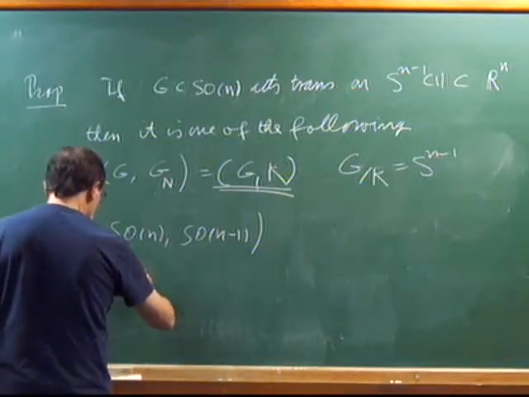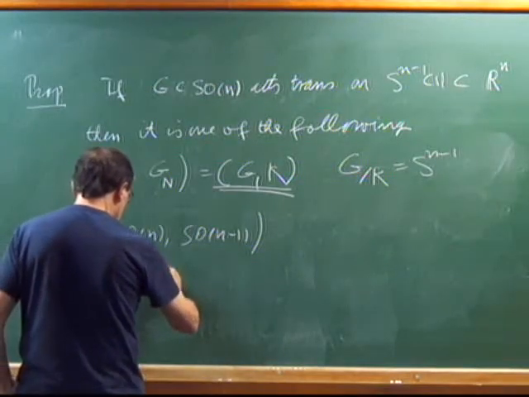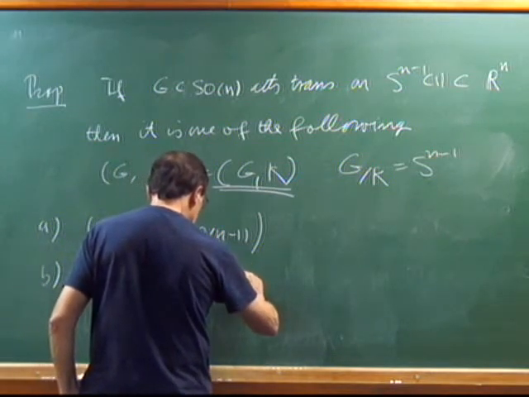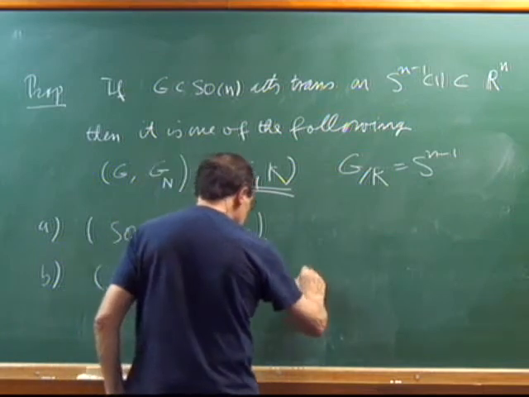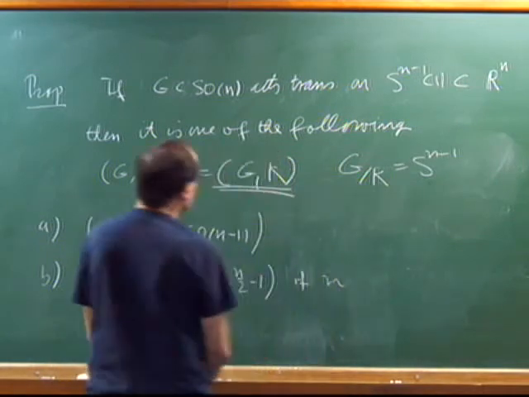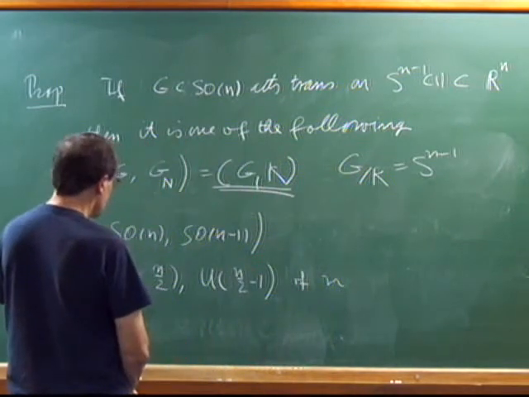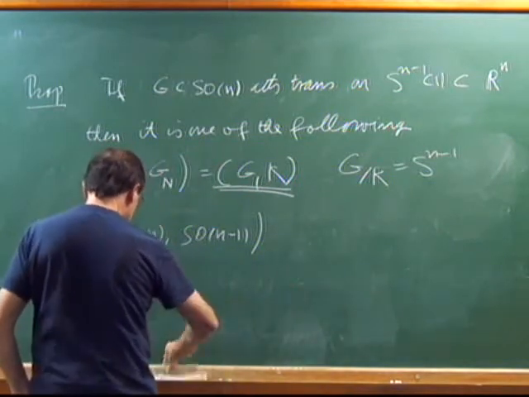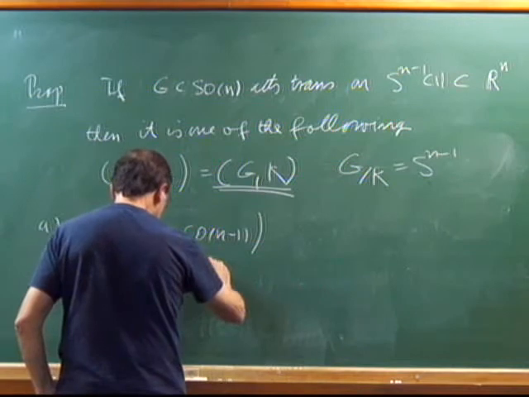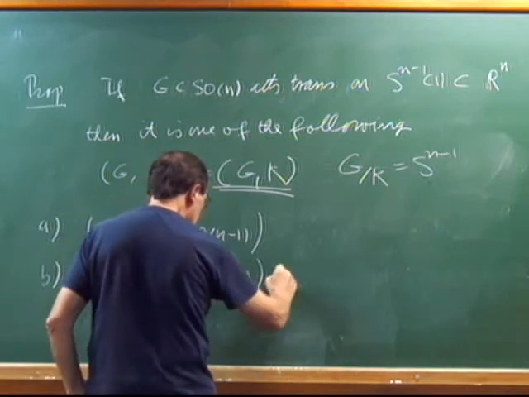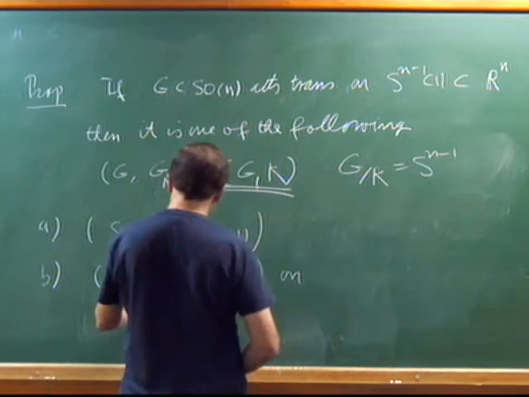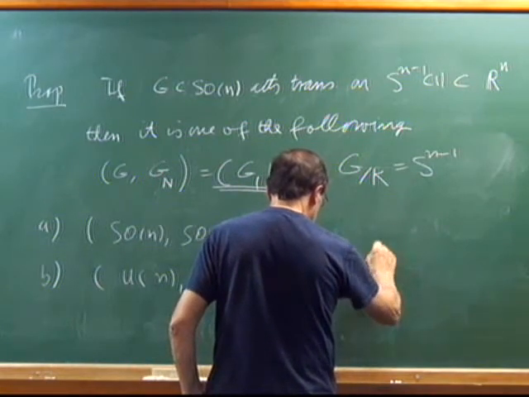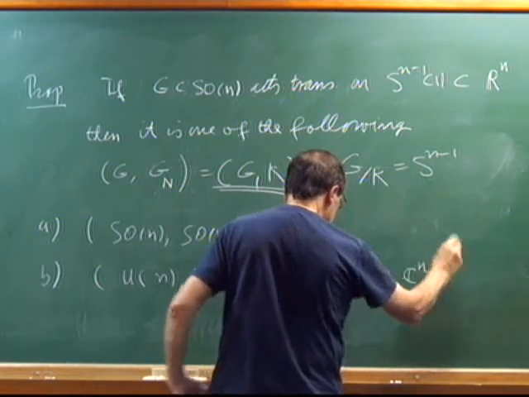The other case is U(n/2), U(n/2 - 1). Well, let me do it like this. U(n) over U(n-1) acting on C^n, so that's a sphere S^(2n-1) inside C^n.